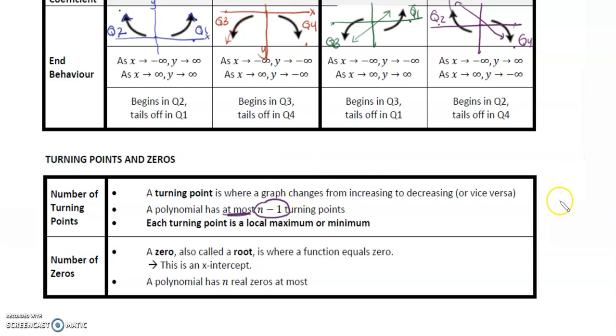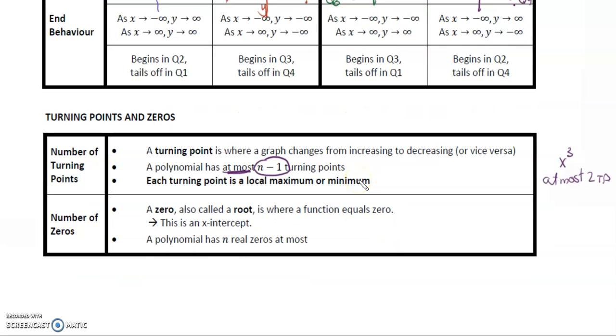So if we have degree 3, you're going to have at most 2 turning points. I'm just going to put TP. And each turning point is a local max or a local min. So the example of this would be if we had 1, 2, 3. So we have 2 turning points there.